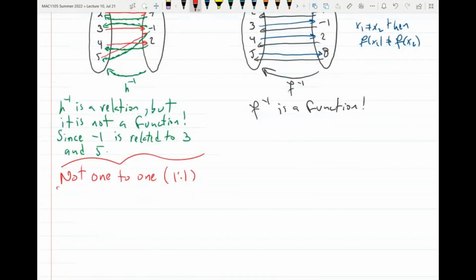Not one-to-one, since obviously 3 is not the same thing as 5, but when you evaluate them, they yield the same output. The point is that if you want the inverse to exist, we need this behavior, that different inputs have different outputs. Then you're free to flip the arrows, and you don't encounter any issues.